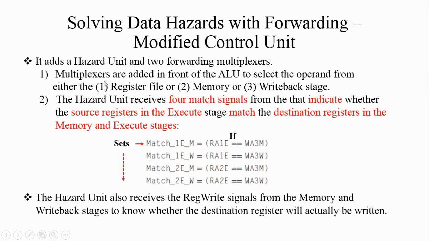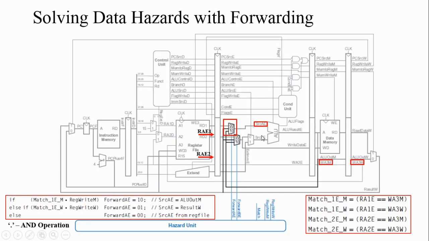So what is the use of multiplexer? Multiplexers are added in front of the ALU to select the operand, whether it is coming from the register file in the previous stage, or from the memory stage, or from the write back stage.